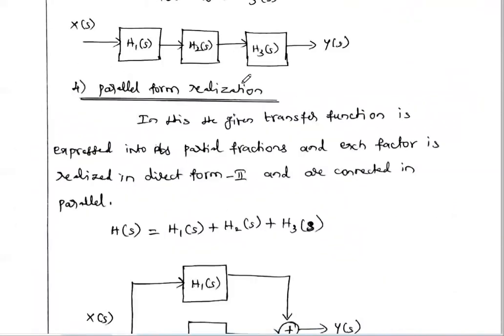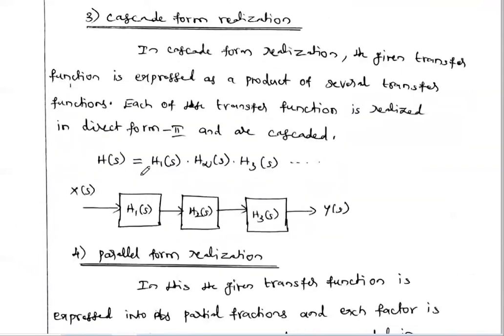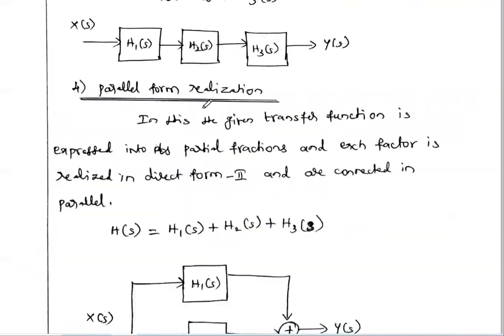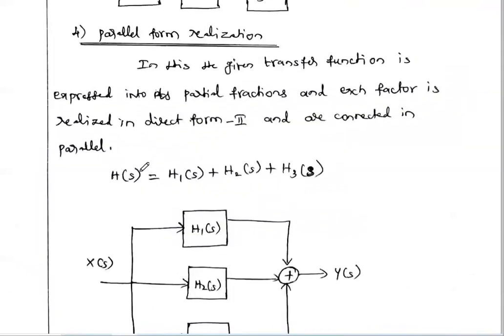So what does parallel form realization mean? In the cascade form realization, H(s) can be expressed as a product of H1, H2, H3. In this parallel form realization, the transfer function H(s) we have to write as an addition of H1, H2, H3. So we have to split H(s) using the partial fraction expansion method.